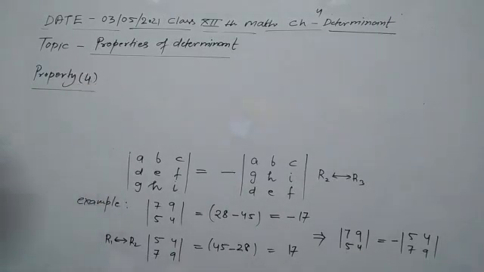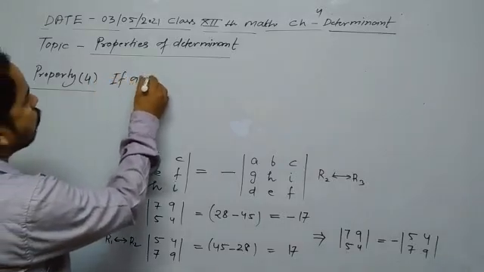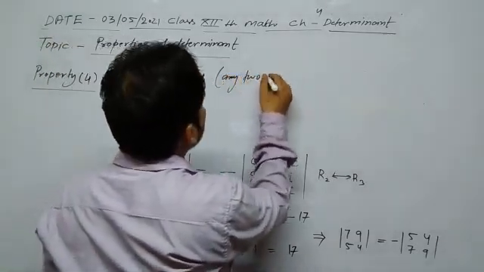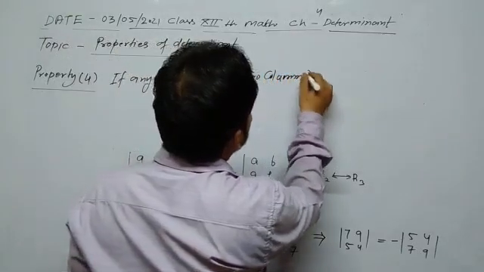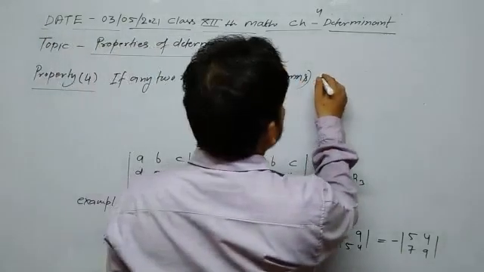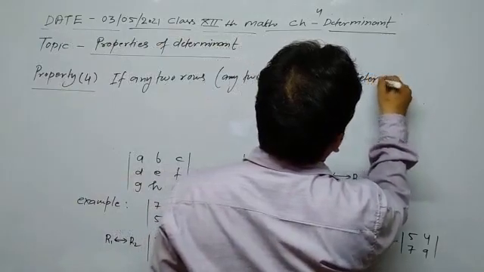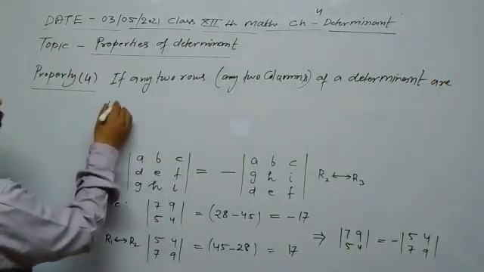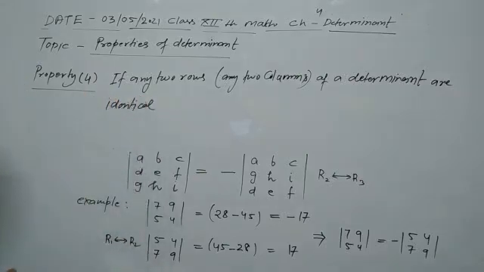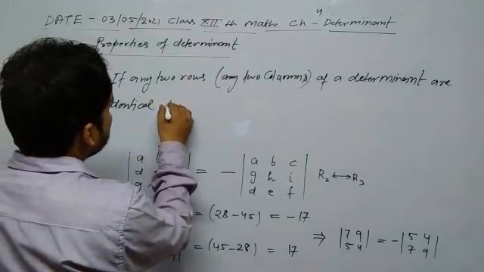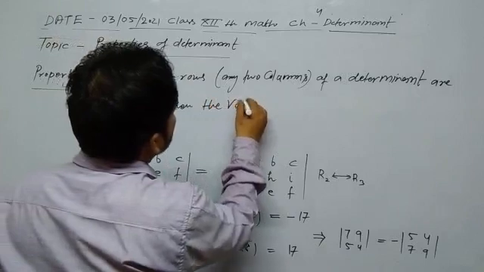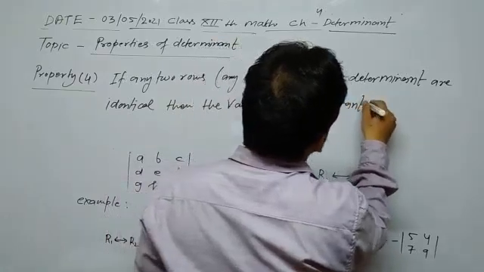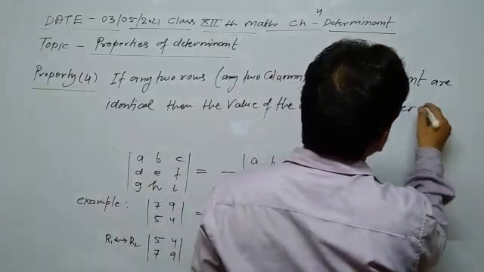Now come to the fourth property, student. If any two rows or any two columns of a determinant are identical, then the value of the determinant is 0.